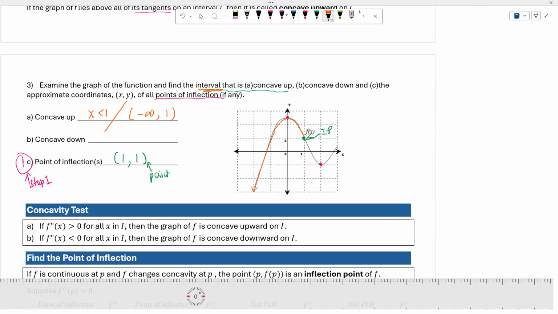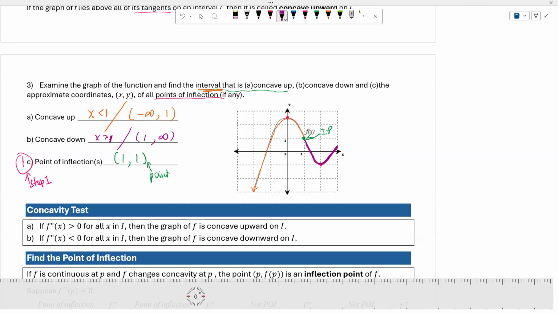Then how about this interval right here? It actually is concave up, so it is from 1 to infinity.